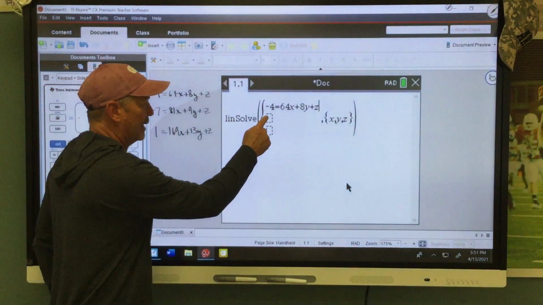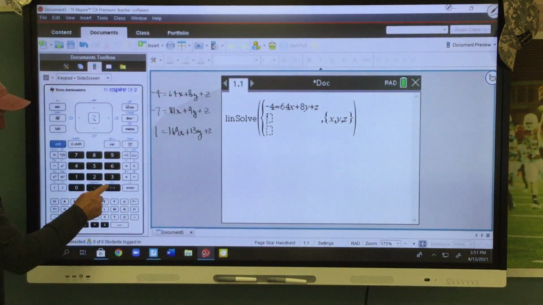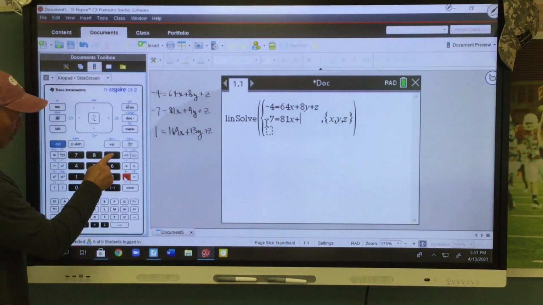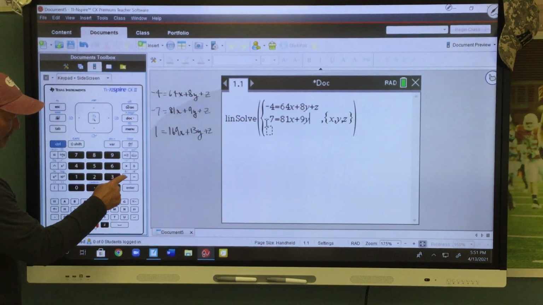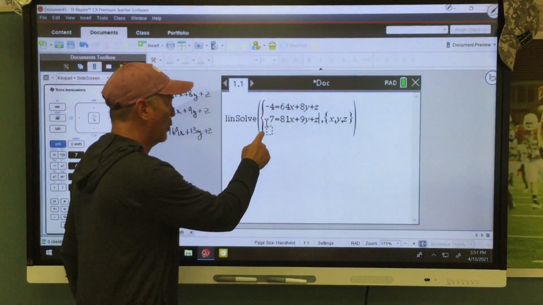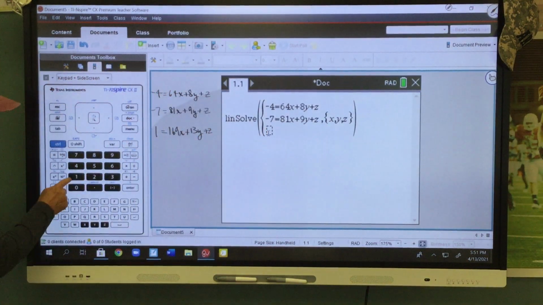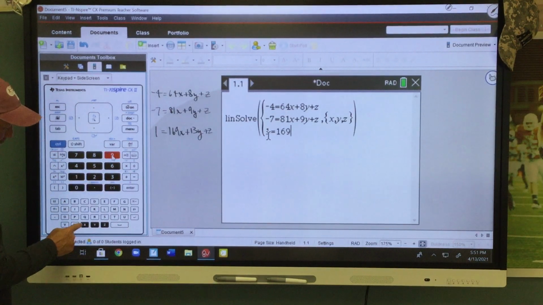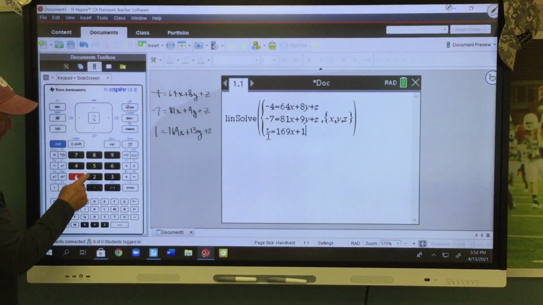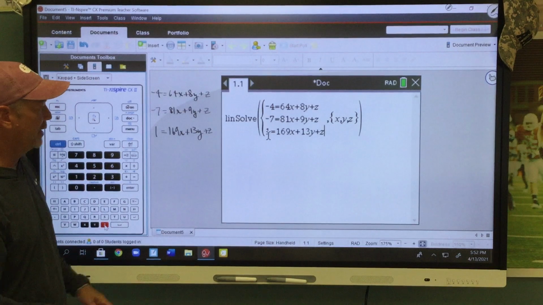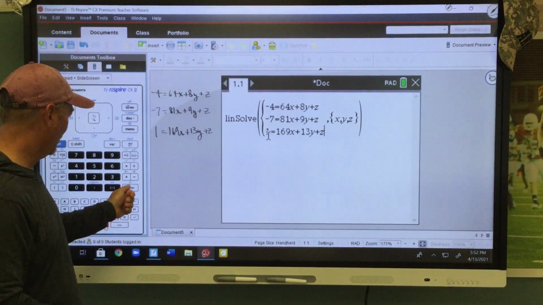In my second equation, -7 equals 81x plus 9y plus z. Just to make sure we hit the right buttons. And my last equation is 1 equals 169x plus 13y plus z. I'm going to check them before I hit enter. And we're going to hit enter.